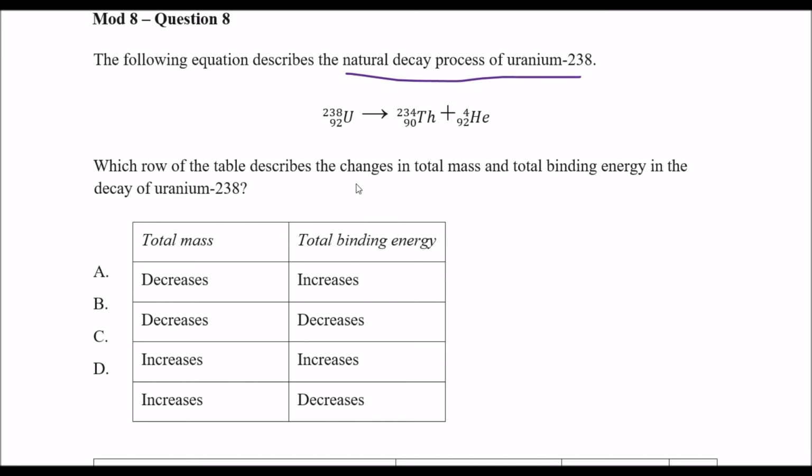What we know is if we break the isotope apart, we will expect a decrease in the total mass because a mass defect will occur. And so the next question is, if we have a decrease in total mass, does that mean greater binding energy or a lower binding energy?